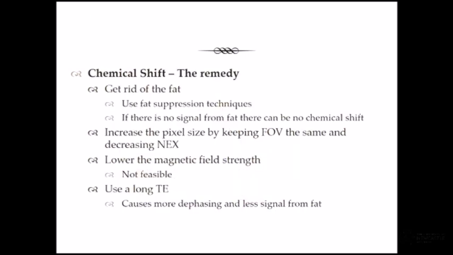In all reality, chemical shift imaging doesn't come into your reckoning a lot when you're doing imaging because lots of times you recognise what that artefact is, it's not an issue when you're reporting it, and lots of times you actually use it to help in the diagnosis.